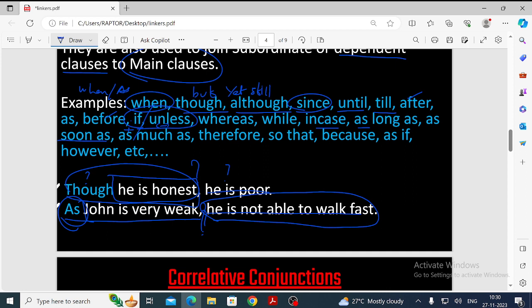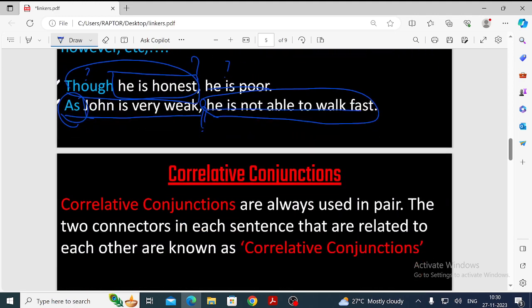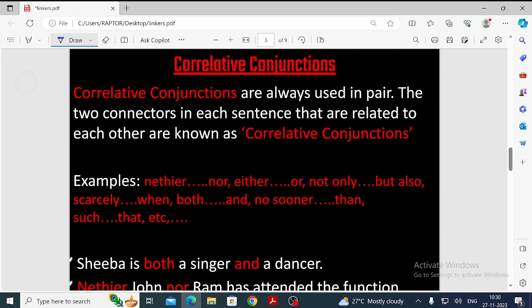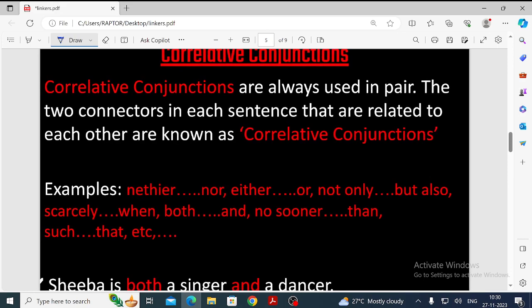And then as much as, and therefore, so that, because, as if, however, and the meaning itself it speaks. You will know the meaning of the conjunction. And the last one, correlating conjunction. That is very different and also very important.